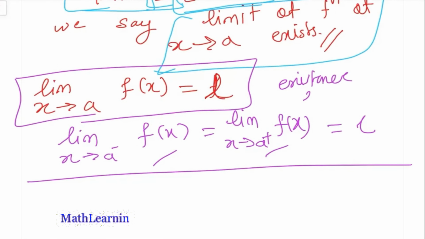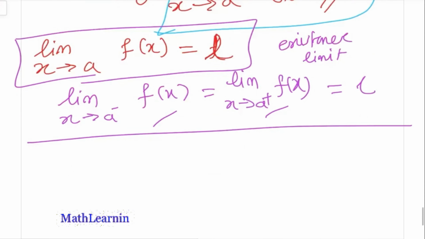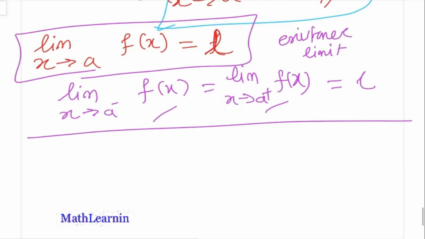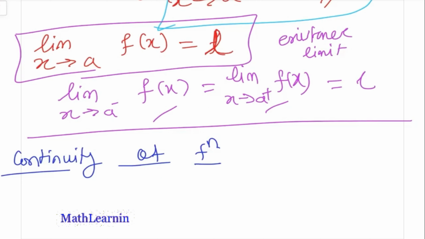But one more concept is related with that. It is called continuity of a function. What is the meaning of continuity of a function? If a function is continuous at all the points in the given interval. Very good, but I want it more precisely, in a mathematical way.